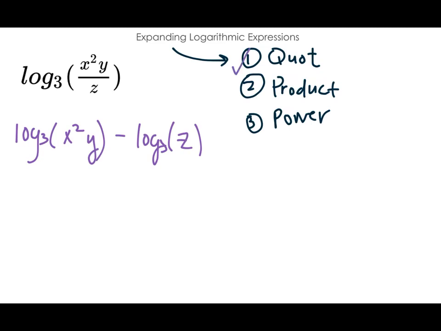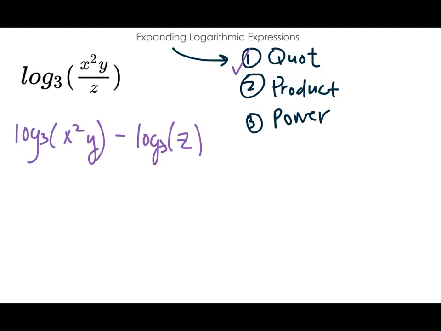So now I'm going to move to the second step on my list, which is the product rule. So the product rule says that any multiplication can expand to addition. So what I need to do is I need to scan my problem and see if there's any multiplication there. And if it is, I can take it and expand it to addition. So right here we've got log base 3 of x squared times y. Well, we have the expression x squared times the expression y inside of a log.